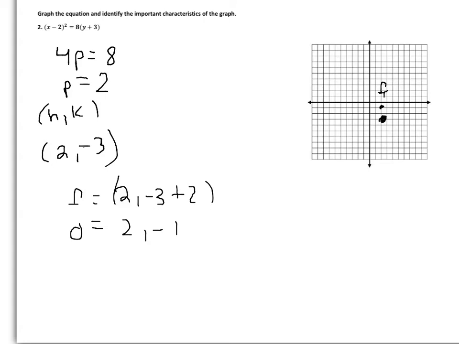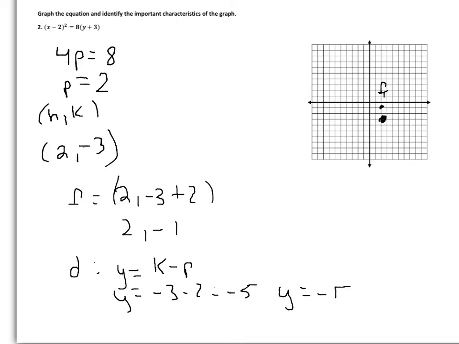The directrix is y equals k minus p. So -3 minus 2. So it's y equals -5.